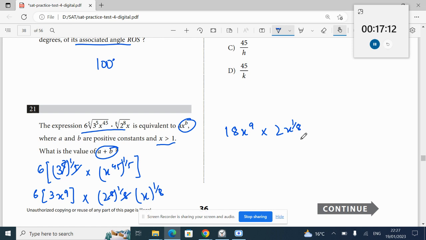Okay, so we can make the bases the same, right? Okay, this one is a little tricky. I think we're wrong somewhere.